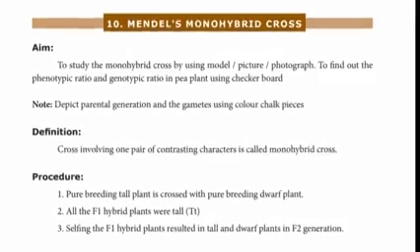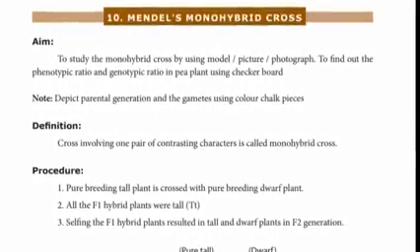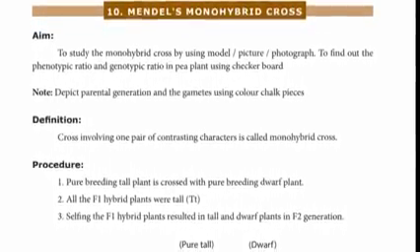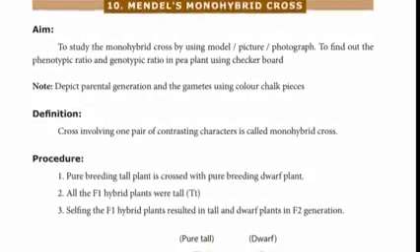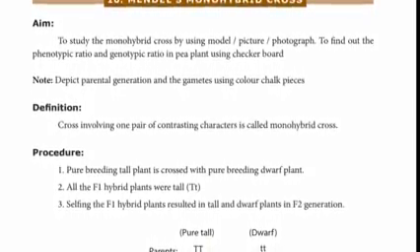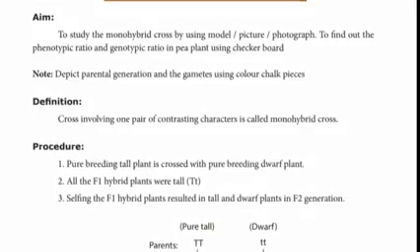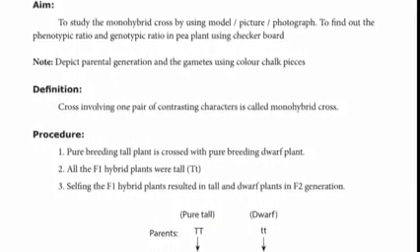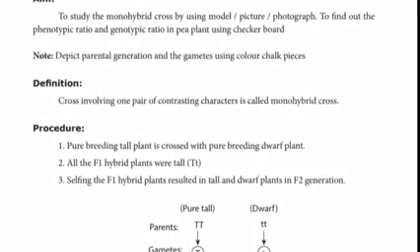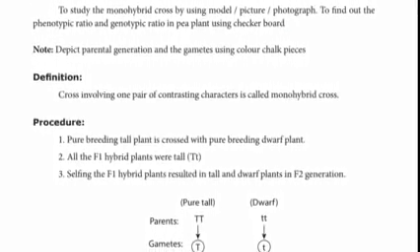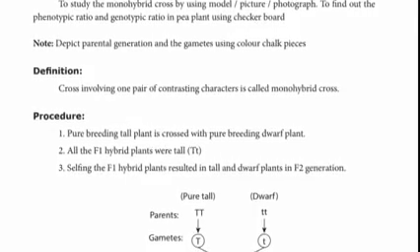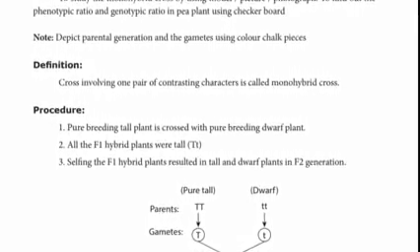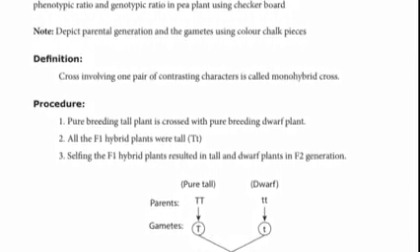Okay, children. Question number 3. Mendel's monohybrid cross. In the genetics portion, the aim is to study the monohybrid cross using a model or picture or photograph, and find the phenotypic and genotypic ratio of the given plant. Mendel proposed 3 laws: law of dominance, law of segregation, law of independent assortment.